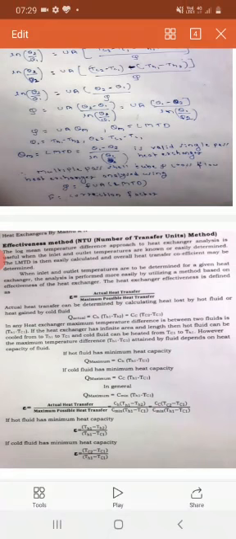The effectiveness symbol is E. In any heat exchanger, the maximum difference between the two fluids, that is at the inlet or outlet, is Th1 minus Tc1.